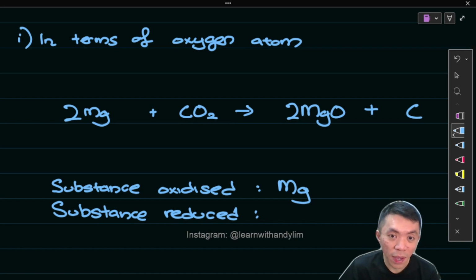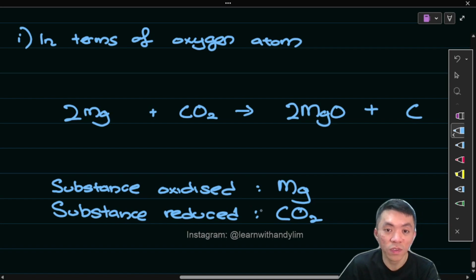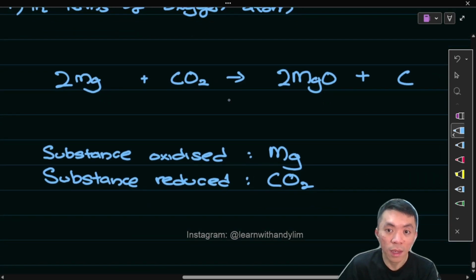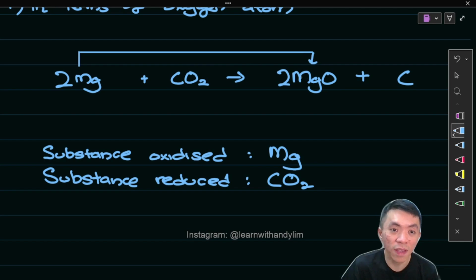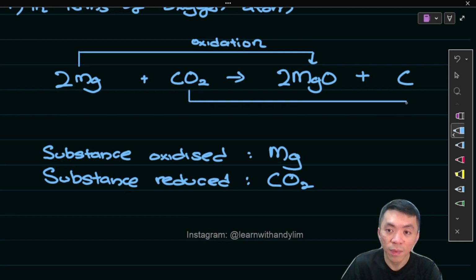I can see my carbon dioxide having two oxygen atoms, and then at the product, they do not have any oxygen atom. So this is my carbon dioxide, my substance which got reduced. Let me just put an arrow here. Magnesium becoming magnesium oxide, oxidation happening here. And then I have my reduction happening here.